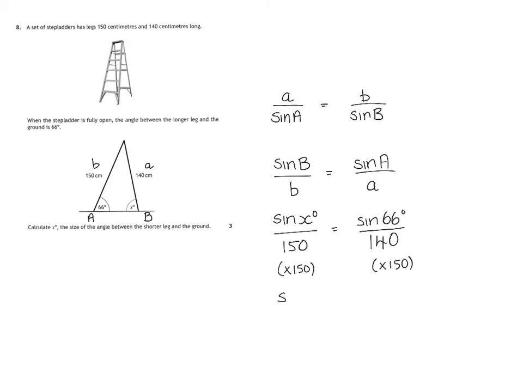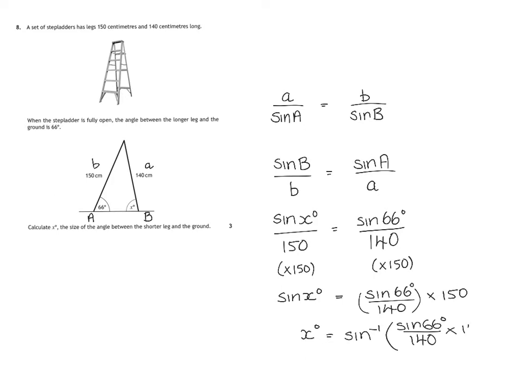So we get sine of x degrees is equal to sine 66 over 140 all times by 150. At this point we're trying to find x, so we need to do the inverse sine of both sides. So x degrees is sine to the minus 1 of sine 66 degrees over 140 times 150. You can put this into your calculator in bits if you want, but I find it easiest to just shove it all in one go.